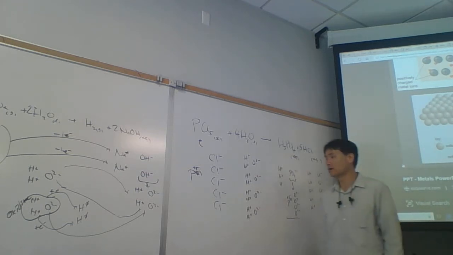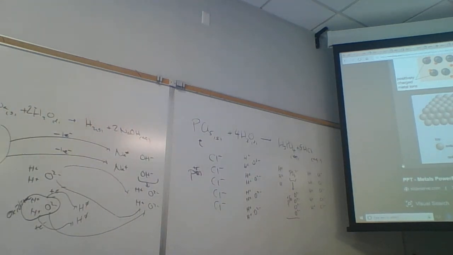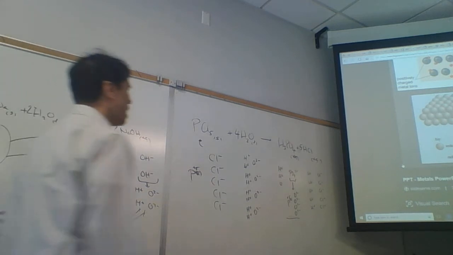Oxidizers take electrons. So, did anybody take electrons in this? Did anybody give up electrons in this? No. In fact, if you look at all the oxidation states, did anything change? Nothing changed. Therefore, this is not redox.